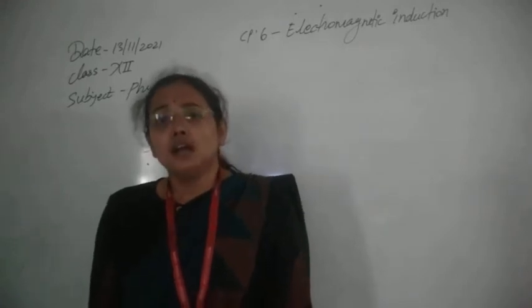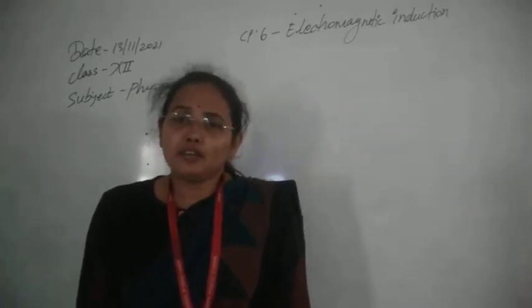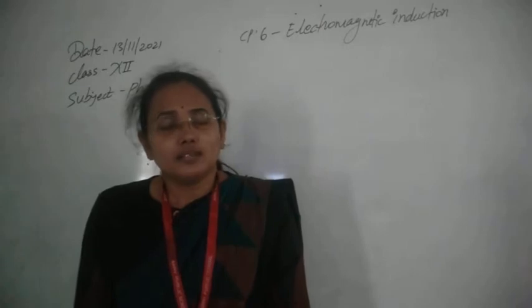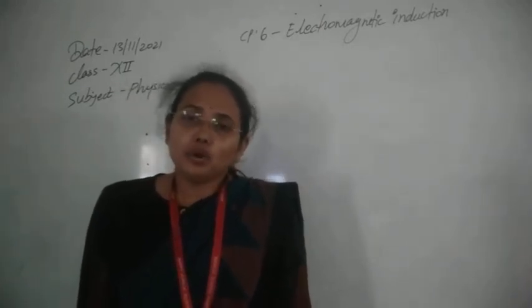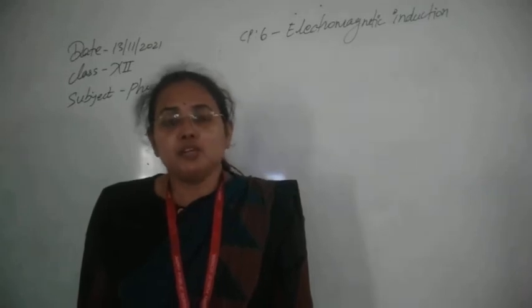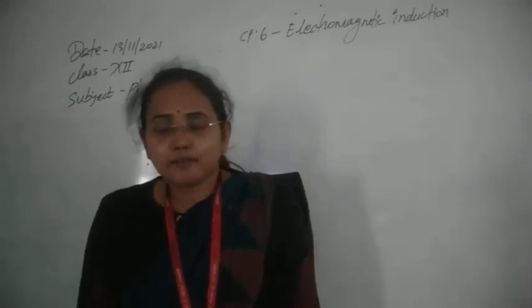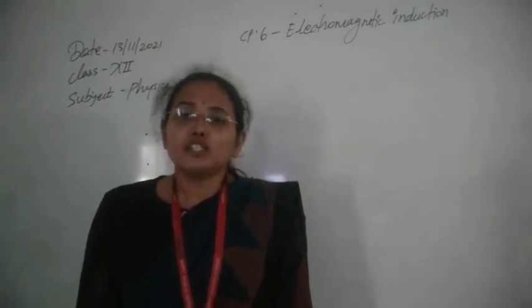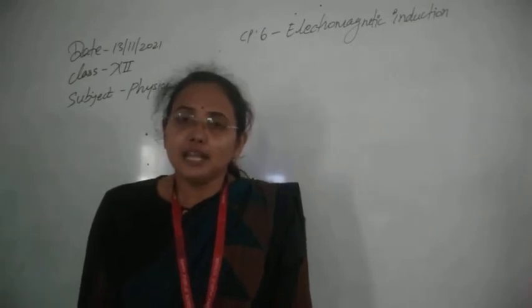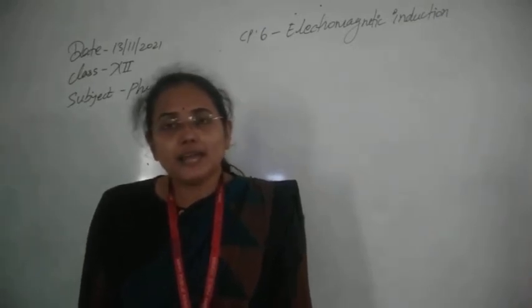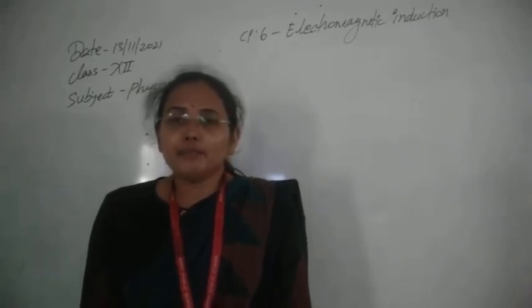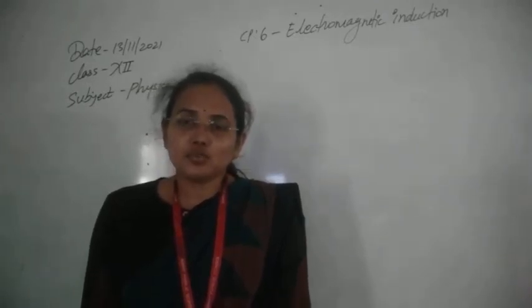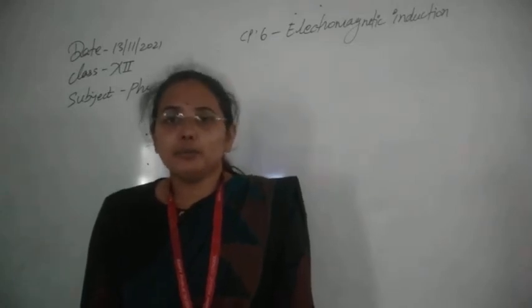The first thing about Faraday's law of electromagnetic induction is that there are two laws. The first law gives us the magnitude of the induced EMF. This law says that whenever there is a change in magnetic flux linked with any coil, at that time an induced EMF will be produced, and if the coil has some resistance and a closed circuit, then a current will be produced through it.